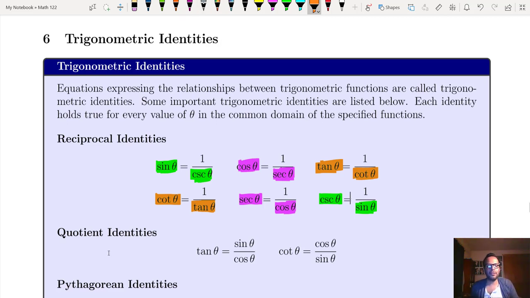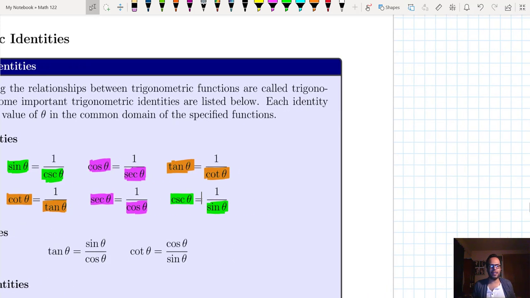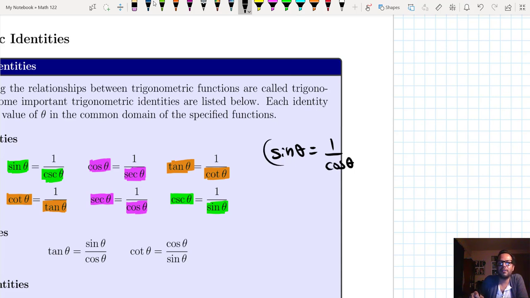Now, what about these trigonometric identities? I didn't list them, right? But for example, let me write down one. Let me write down, for example, sine theta equals 1 over cosecant theta. What if I square both sides? If I square one side, we can square the other side as well, right?